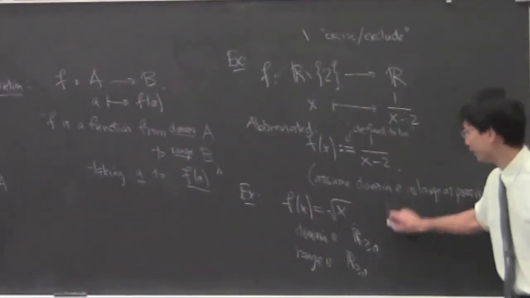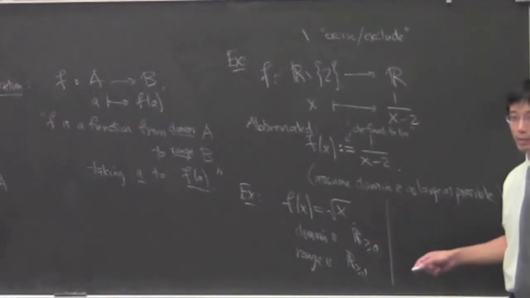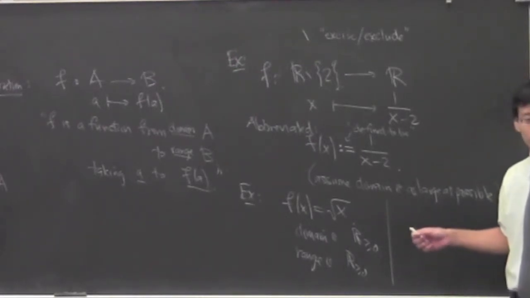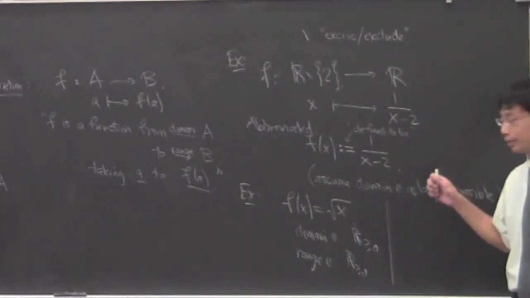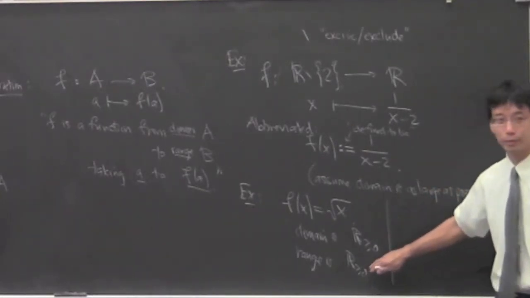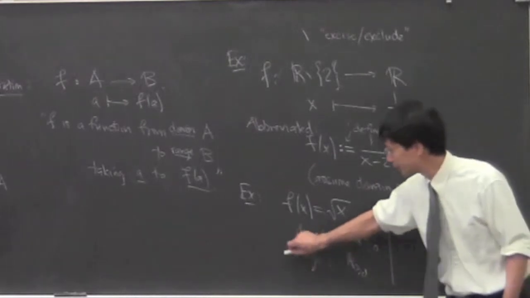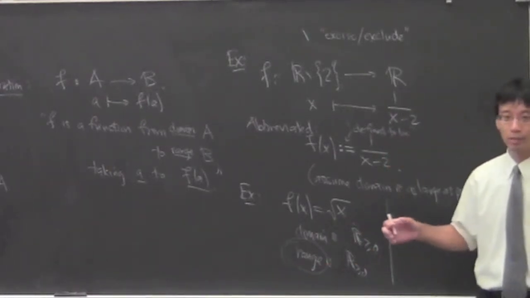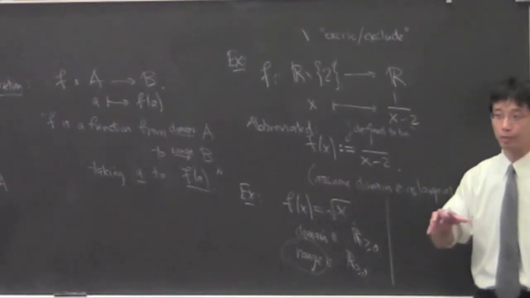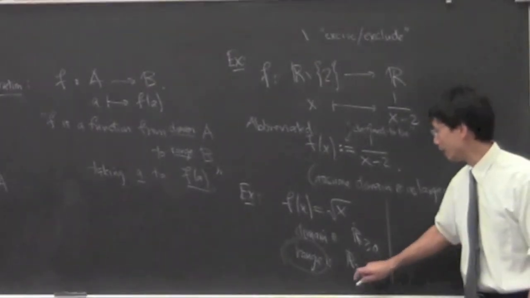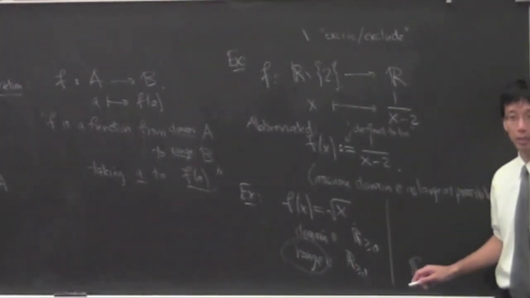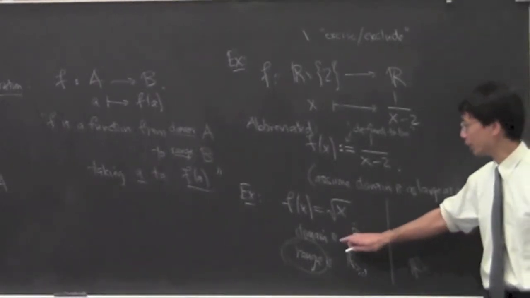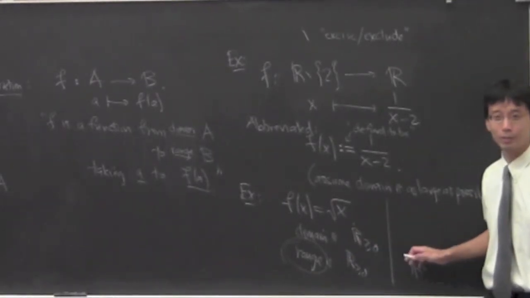Let me give you the warning. The warning is that everybody's sort of sloppy with this notion of range. Range just means the set that you map into. So it's just as valid to say that the range is the real numbers in this case, because what you get out of it is real numbers.